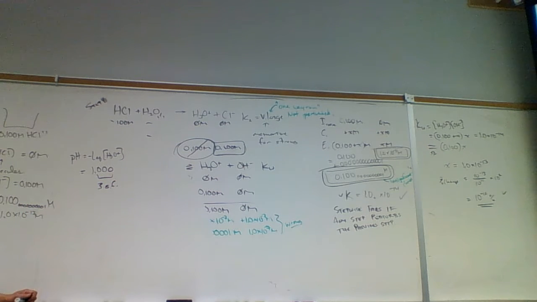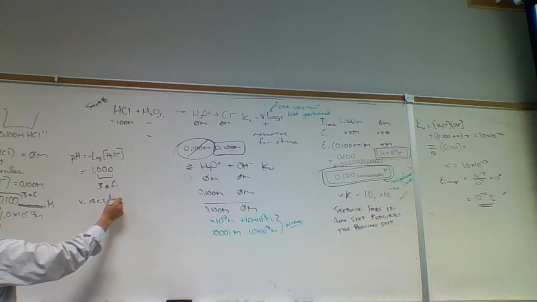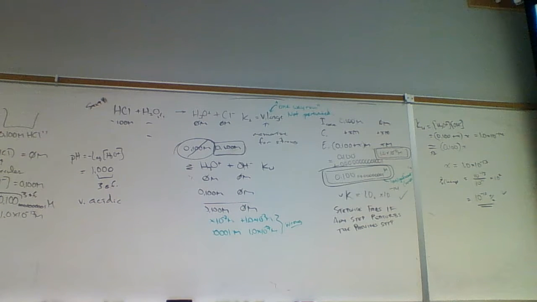It's after the decimal. This here is 3 sig figs. So 3 sig figs, 3 sig figs. A pH of 1, is that acidic or basic? Yeah, it's very acidic. As you'd expect, it's strong acid. And so you'd expect it to be acidic.